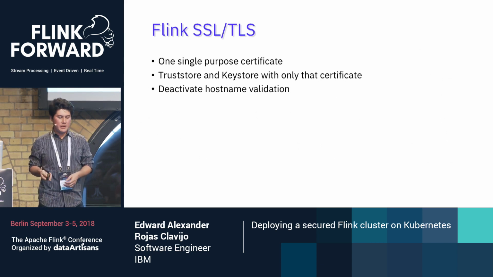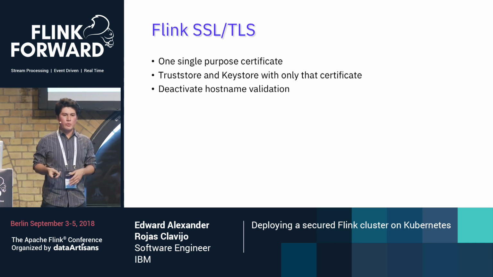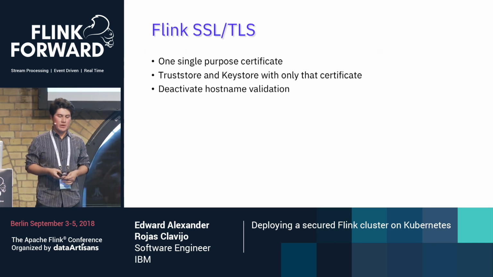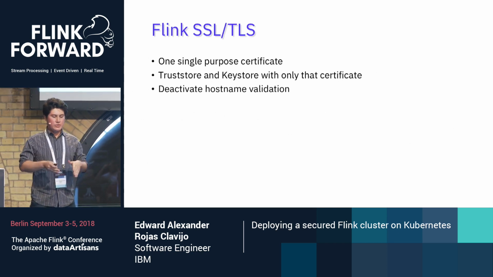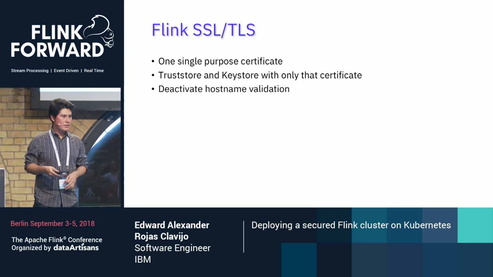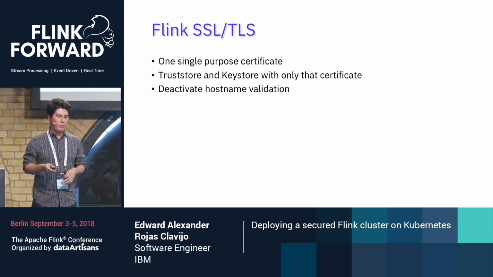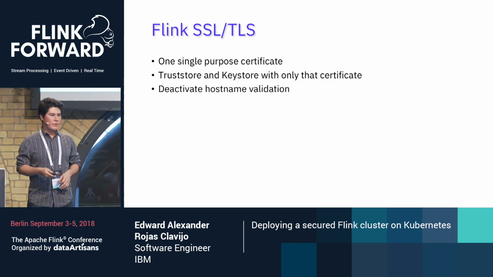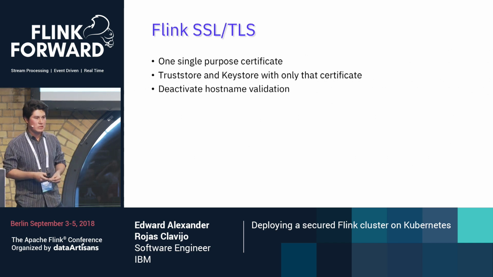So we can deactivate the hostname validation here. And with that, we can deploy our system without any problem. Additionally, in Flink 1.6, there is additional validation with the SSL certificates. We are now performing mutual authentication. So this is the recommended way to do this setup in Kubernetes.